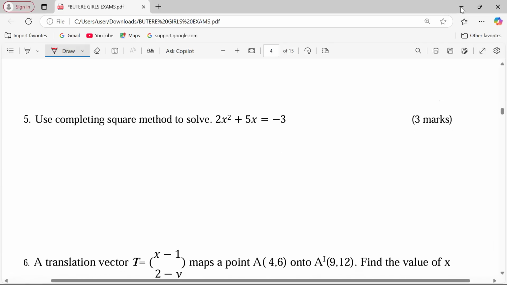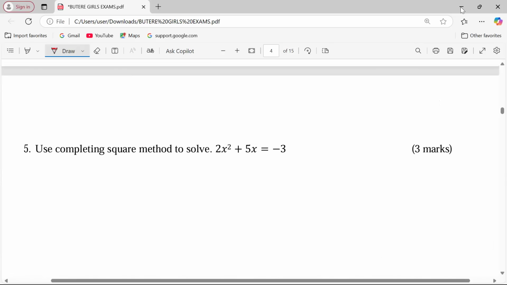Okay. Now, to use the completing square method, the first thing that we do is to take the constant c. Remember, a quadratic equation is usually in the form mx squared plus bx plus a constant equals to 0. For our case, the equation is already at a certain stage, because the constant is already on the right-hand side.